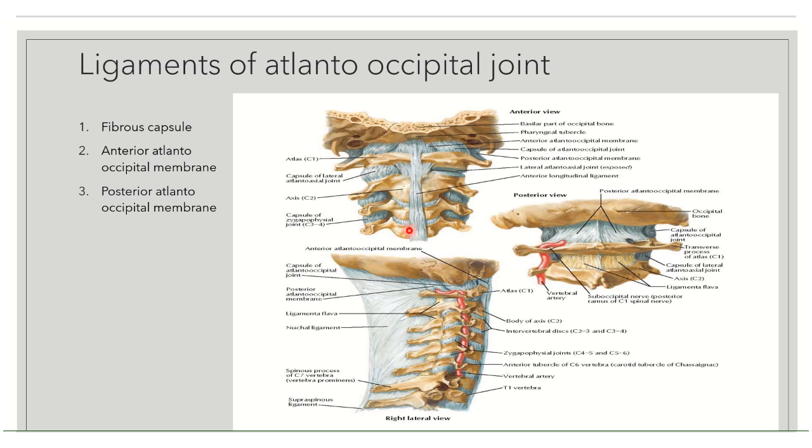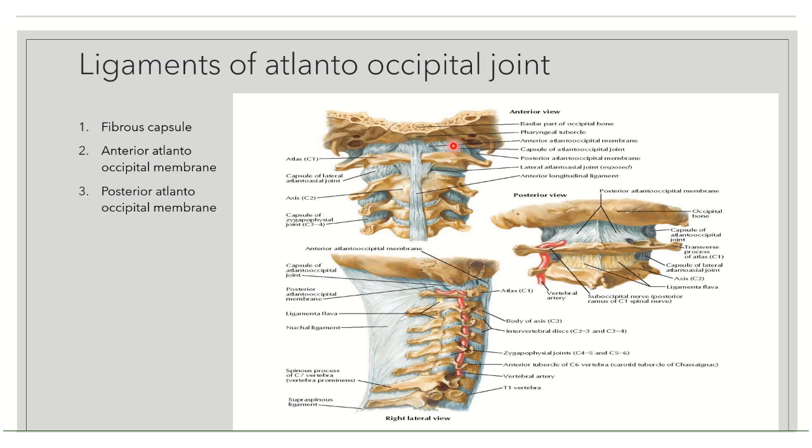You can see this is the base of the skull, and this one is the first cervical vertebra, that is atlas. So the first ligament, the fibrous capsule, is present here. It covers the joint, and it is thickened posteriorly, and anteromedially it is slightly thin. So this is the fibrous capsule.